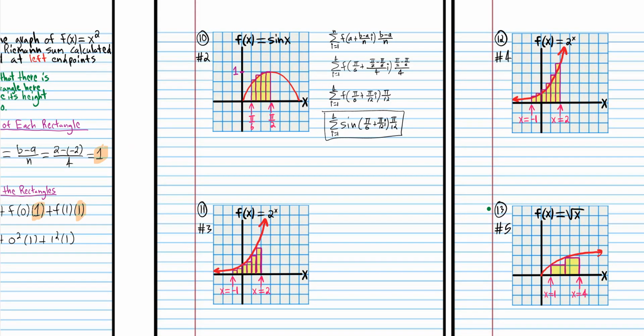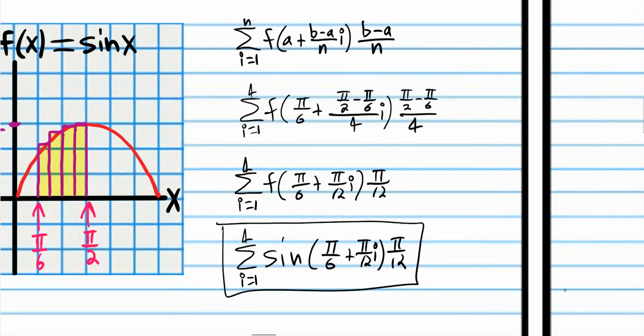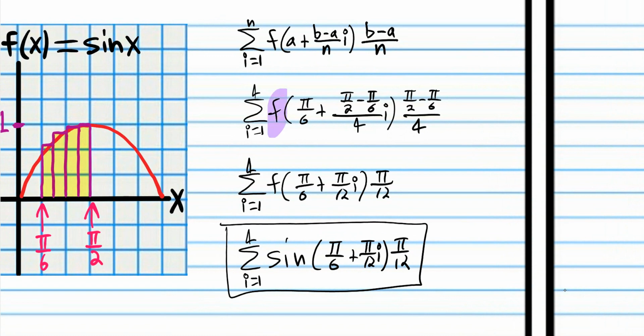Let's try another problem. So what you're doing is you're just taking this function f, which is sine x, and instead of x, you're plugging in whatever this expression is. And that expression ended up being, when you simplified it down, pi over 6 plus pi over 12i.